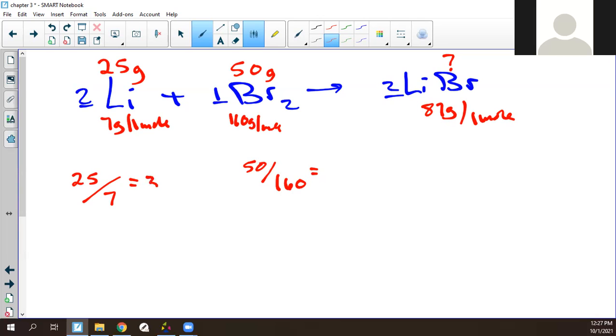What's that? 3.57. 50 over 160. Okay, based on this, short discussion with your partner, short discussion. Based on that right there, which one is the limiting reactant?